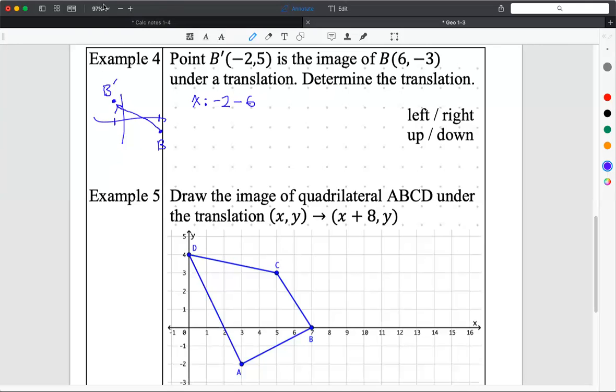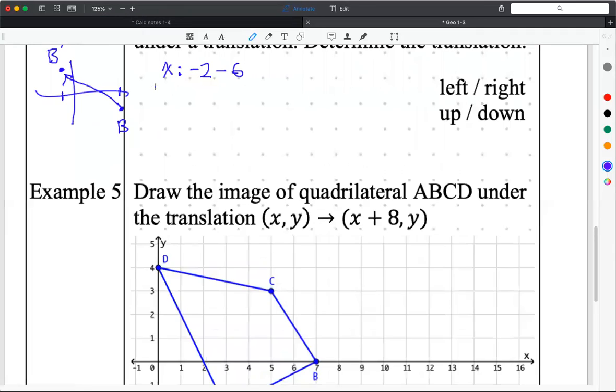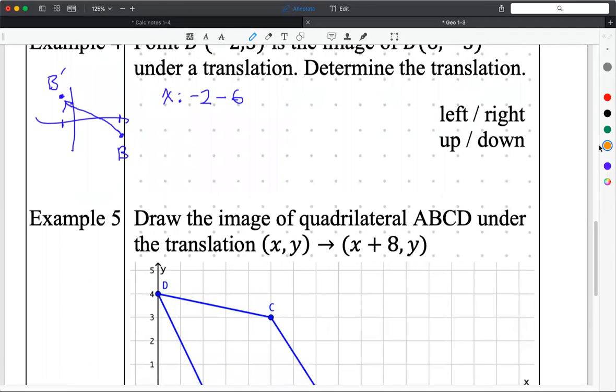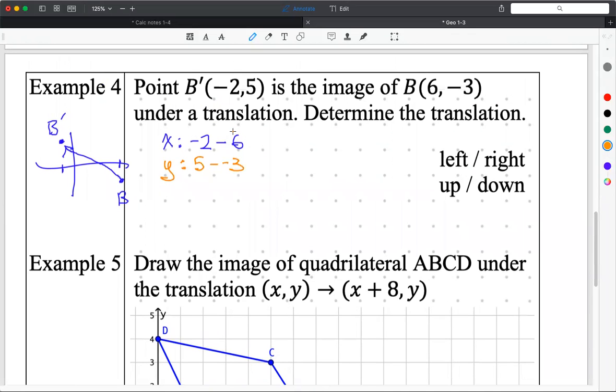And then for y, you do 5 minus -3. -2 minus 6 is -8, and that's correct. Then 5 minus -3 is +8.